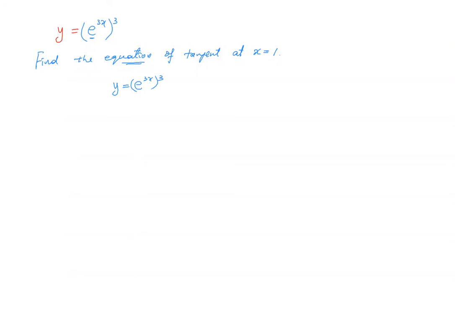Bring the 3 in front. Can I bring the 3 in front? Bring the 3 in front and then copy e to the power of 3x, and then to the power of 2. Then?